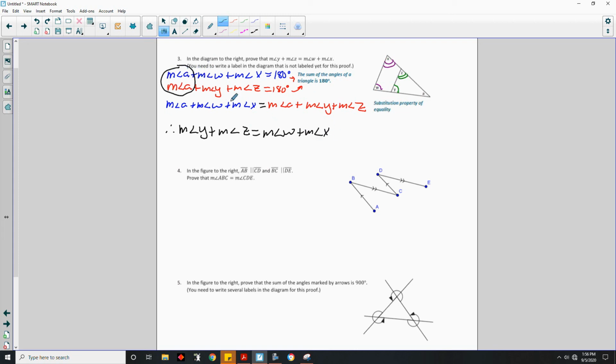Well, these two equations are equal, and we subtracted A from both sides, thus eliminating them and giving us measure of angle W plus X equals measure of angle Y plus Z, and I put them in the order of what the question was asking. That's why they're flipped over, and the reason is the subtraction property of equality.